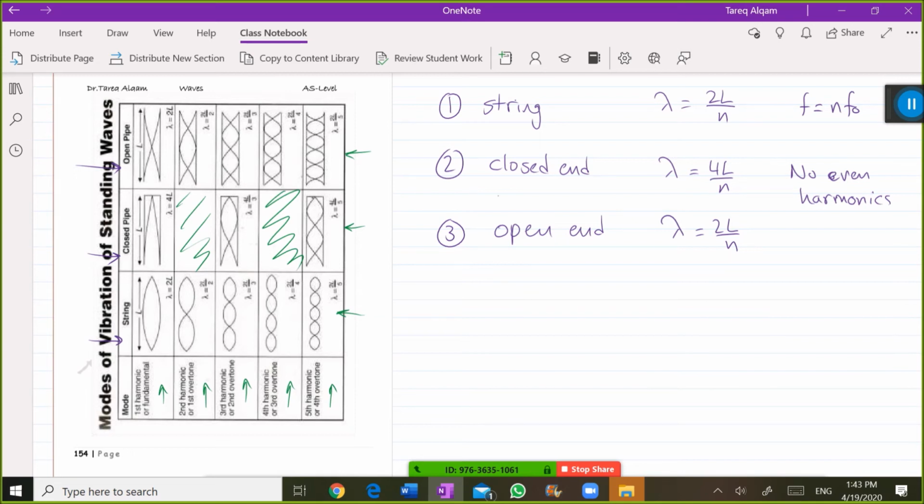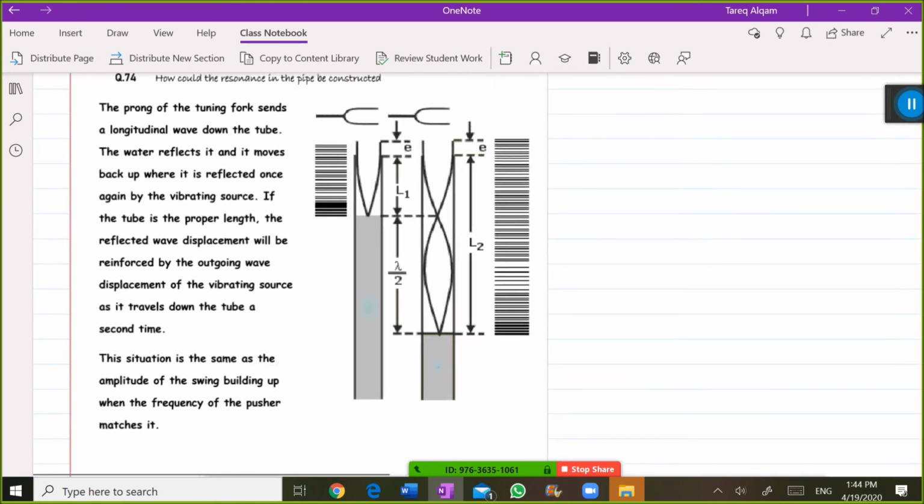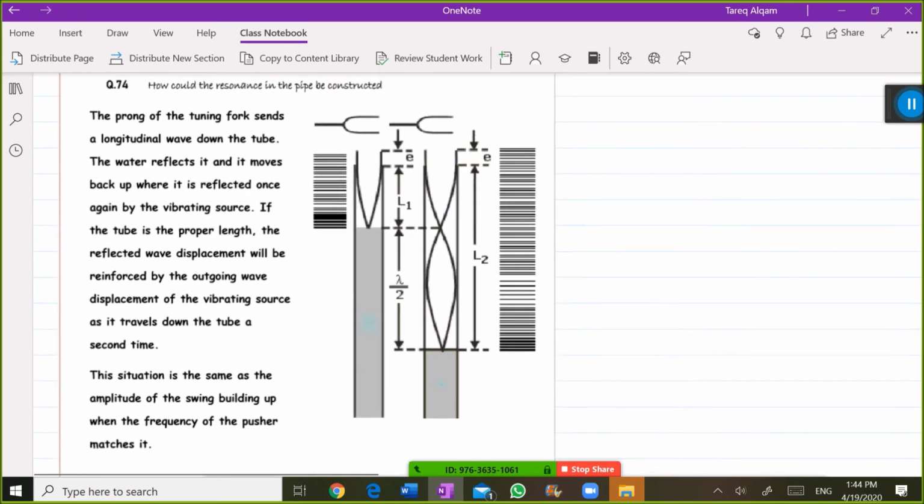So if I consider a second harmonic, I will not observe any standing wave, no amplified sound like the video that we watched last time. In the video last time, this is what he did. Pay attention, guys.